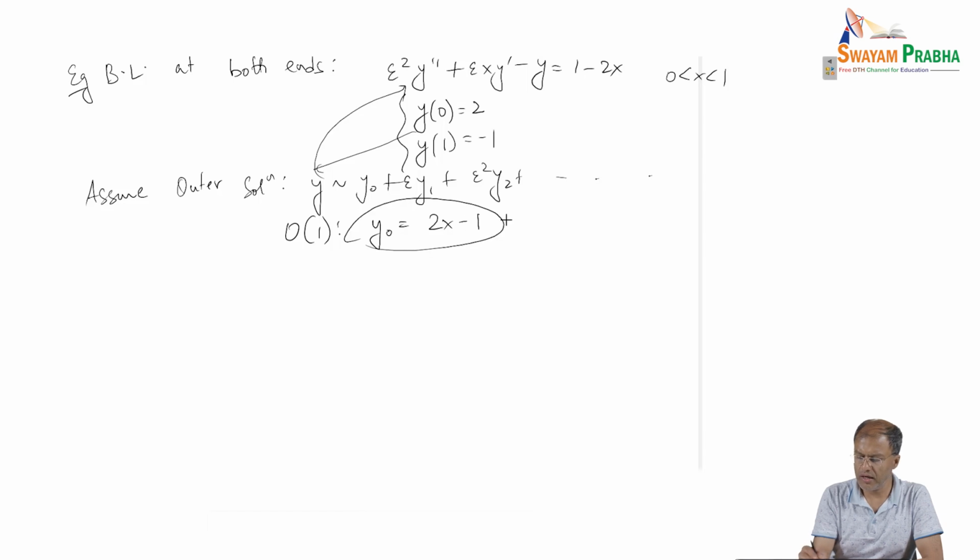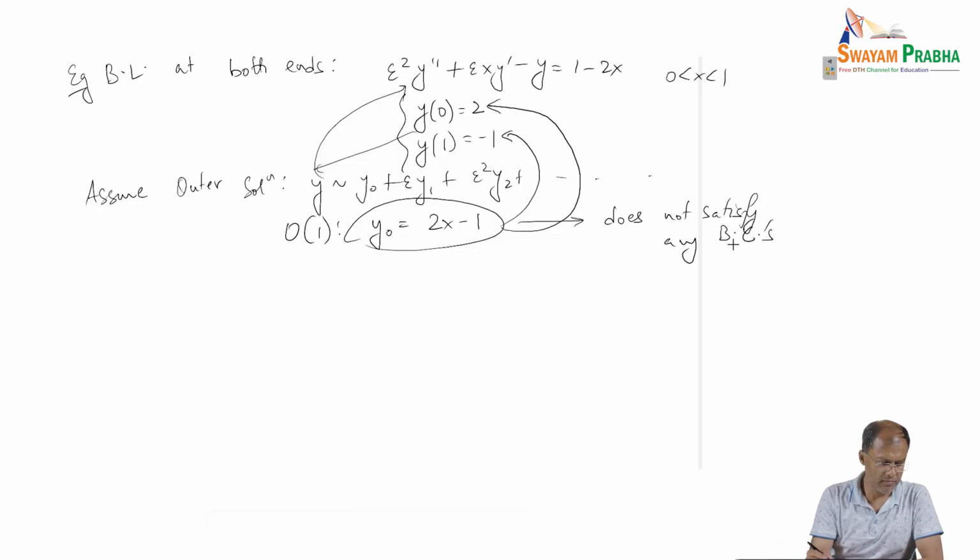But this solution does not satisfy either the left hand condition or the right hand condition, right? So it does not satisfy any boundary conditions, and so basically the conclusion out of this small exercise is we have boundary layer at both ends in this problem.